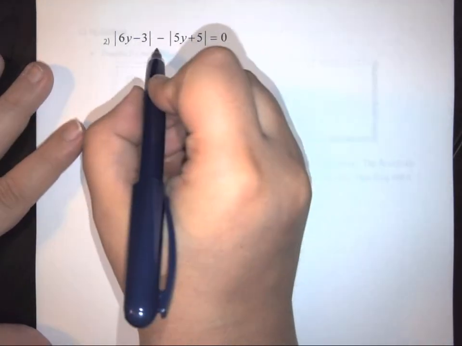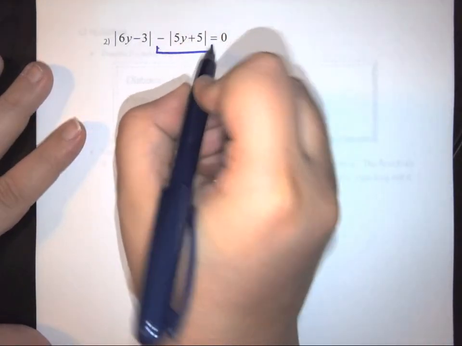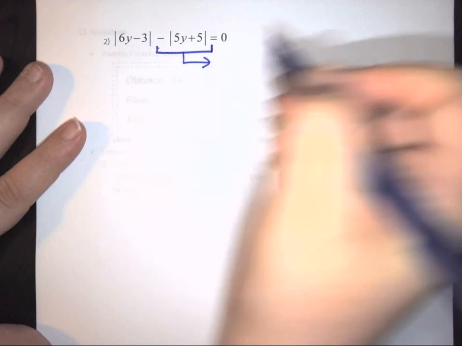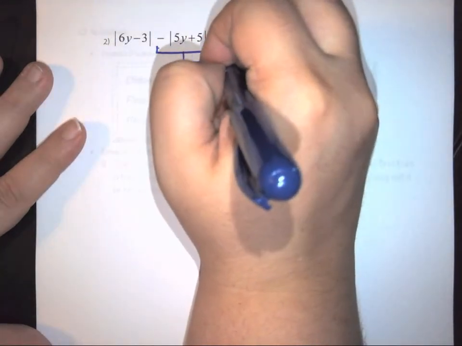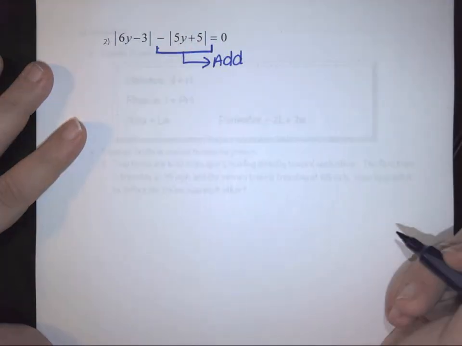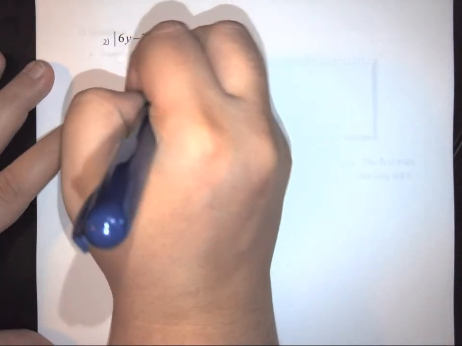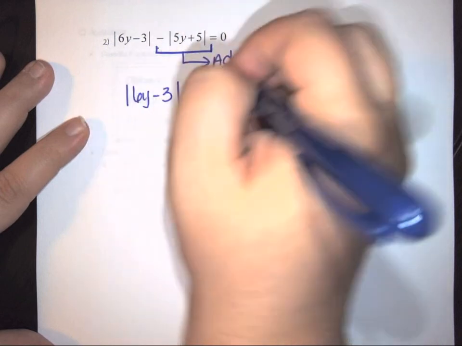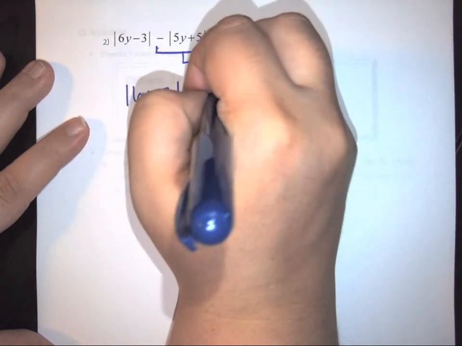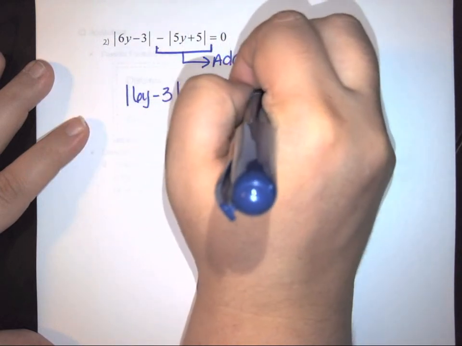So I'm going to go ahead and take this absolute value here, and I'm going to move it through addition to the other side. So this becomes the absolute value of 6y minus 3 equals the absolute value of 5y plus 5.